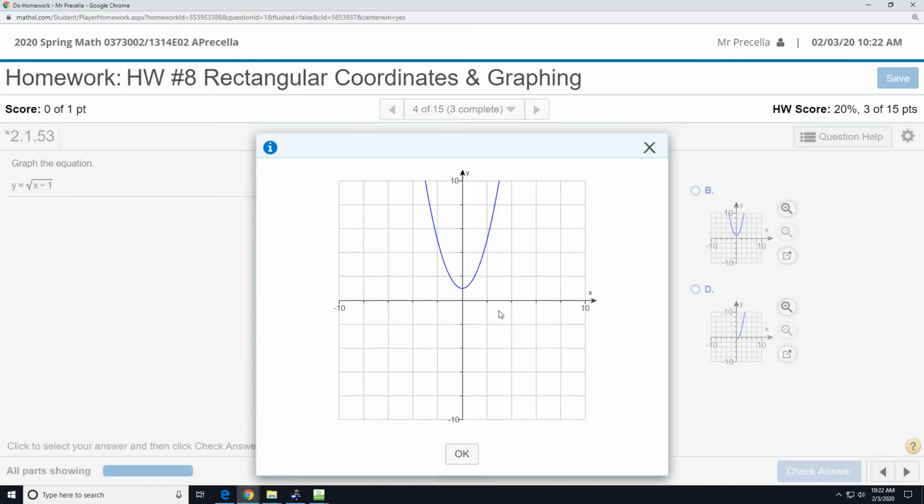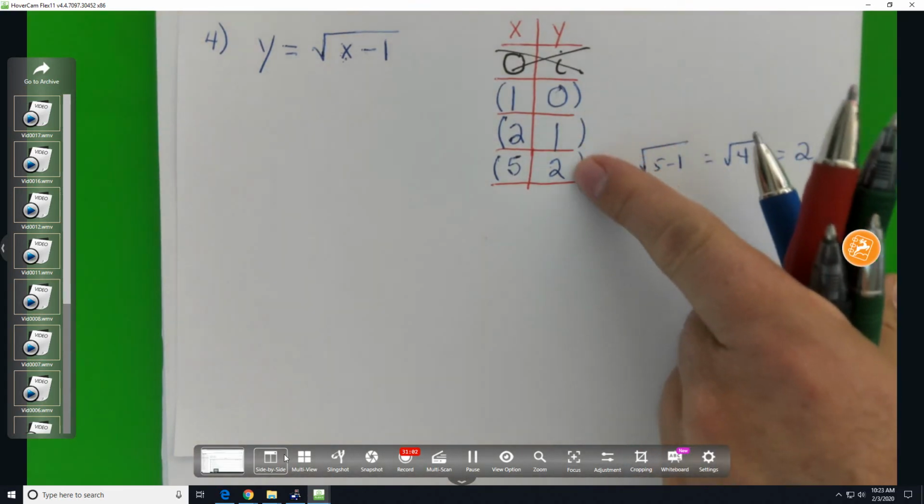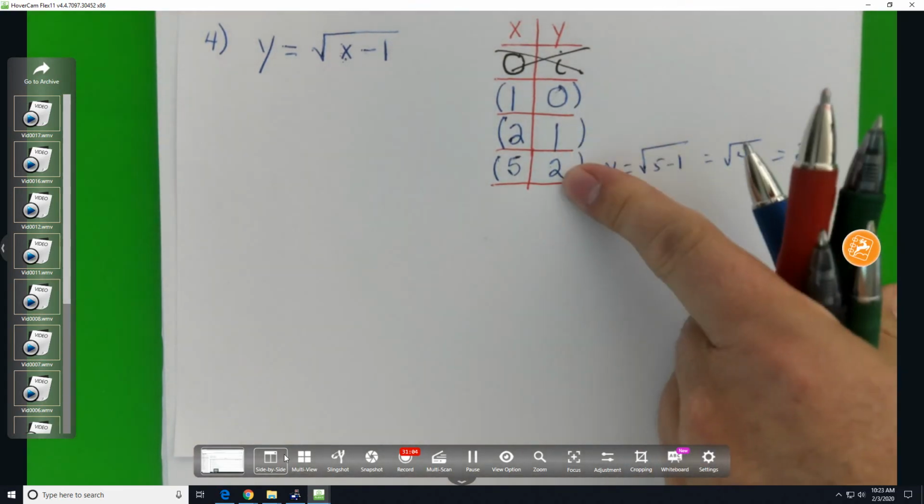Looking at how it's scaled, if it goes negative 10 to 10, is each of these little squares 2, 4, 6, 8, 10? So what were those ordered pairs? Right 1, up 0. The first ordered pair I had listed there, right 1, up 0. I'm looking to see which graph has these ordered pairs.